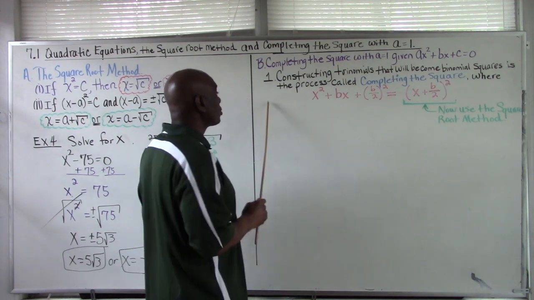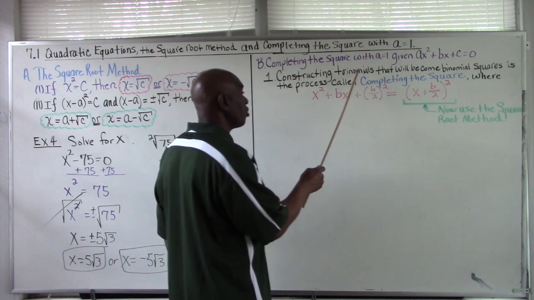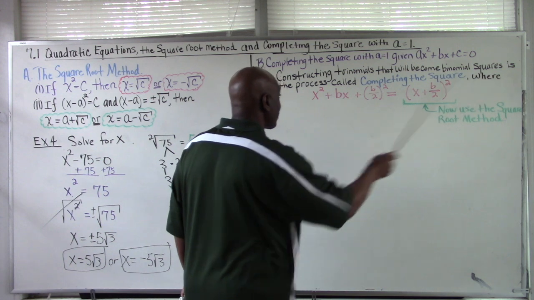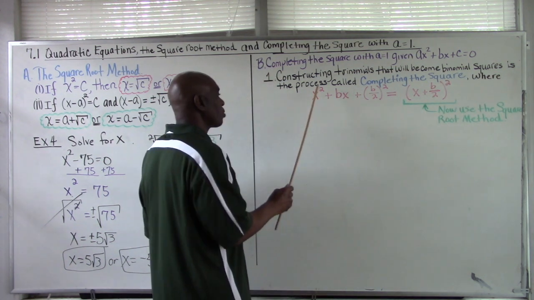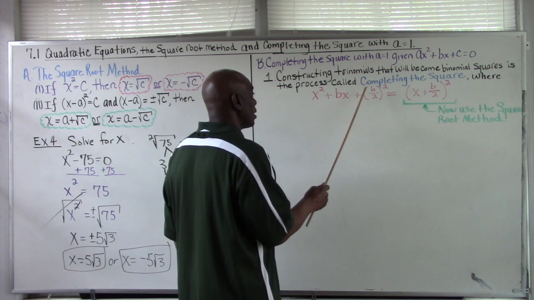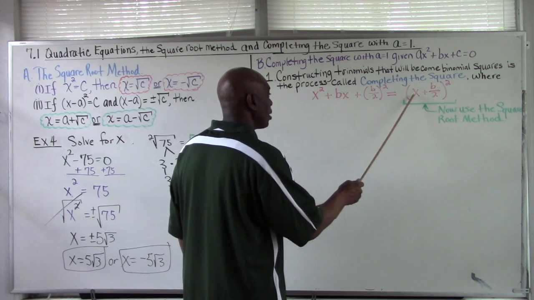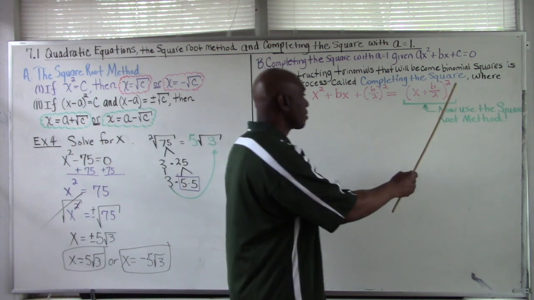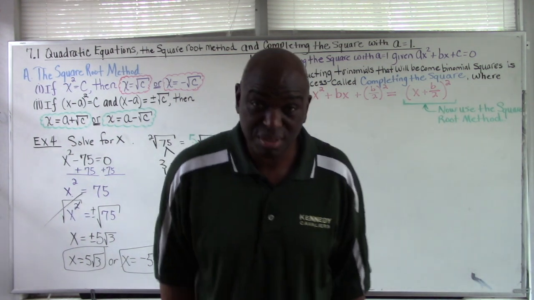So the point I want to make is that when you're constructing trinomials that will become binomial squares, this process is called completing the square, where x squared plus bx plus (b divided by 2) quantity squared equals x plus b divided by 2, that quantity also squared. And you're saying, Mr. Wright, what did you just say?